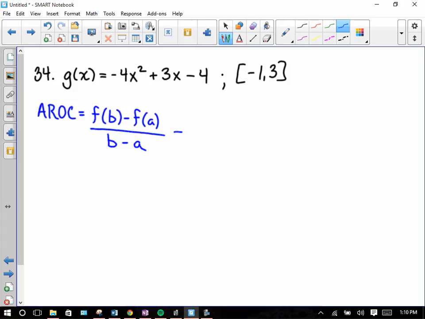So f of b is going to be f of 3 minus f of negative 1 divided by 3 minus 1. Okay?